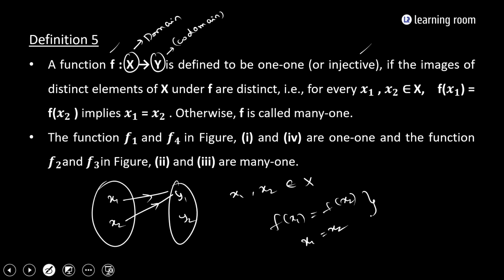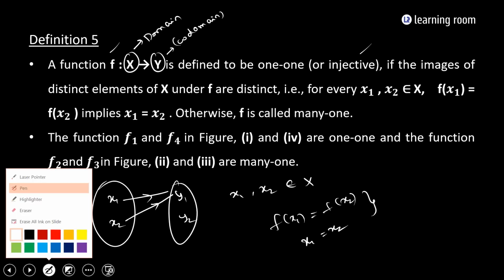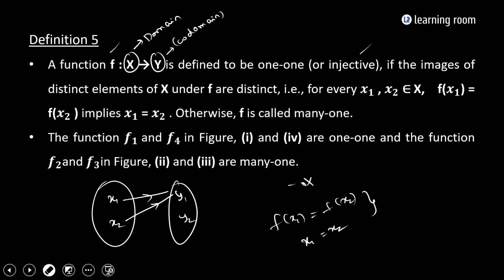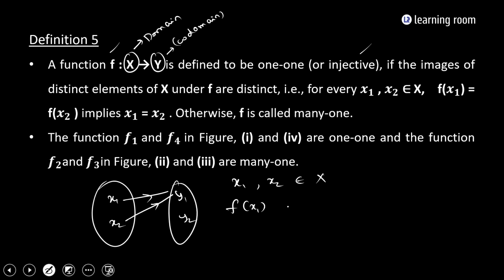Now tell me what are the steps to be followed to solve problems based on one-to-one function. What is the first step? Consider X1, X2, which belong to the domain set, the set capital X. Then find f of X1, find f of X2, and equate both.